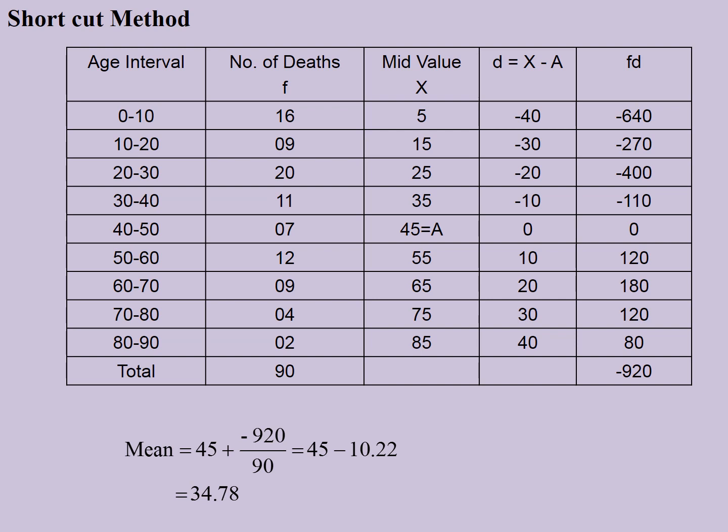Here the assumed value is 45, summation of fd is minus 920, and N is equal to summation of f, that is the number of deaths column total, which is 90, and ultimately your answer comes to 34.78. You can notice that the answer through the shortcut method and the normal method is the same, but this shortcut method can reduce your hard work. So hopefully you have understood how to calculate a mean with the help of the shortcut method.